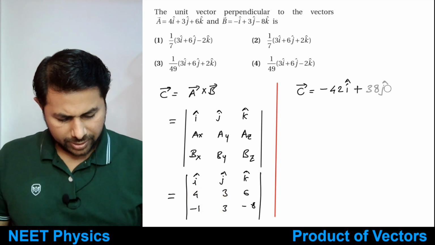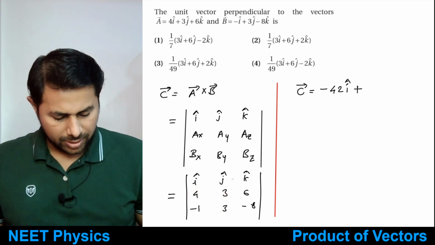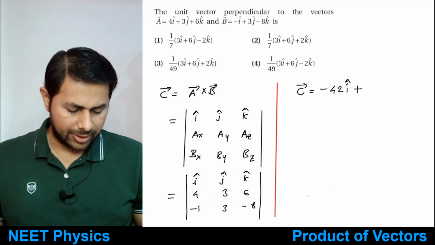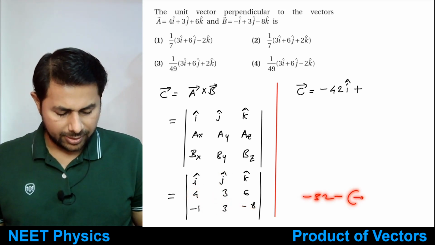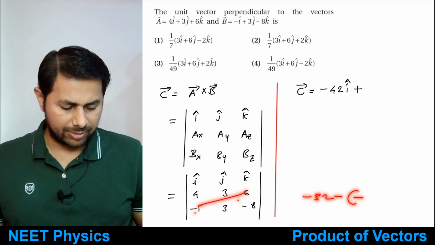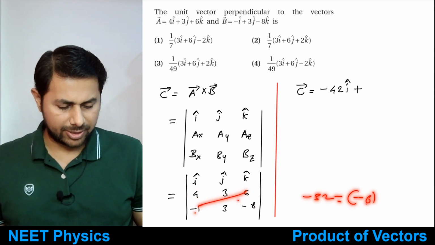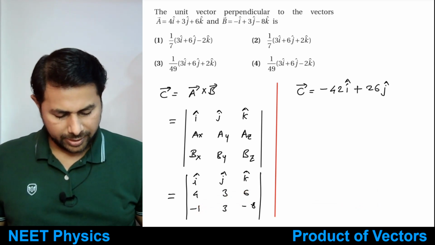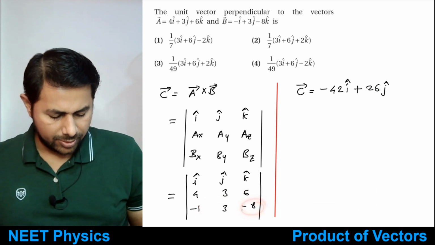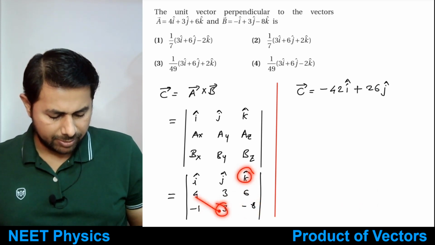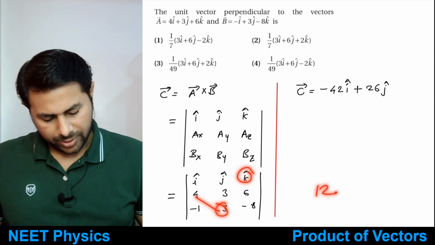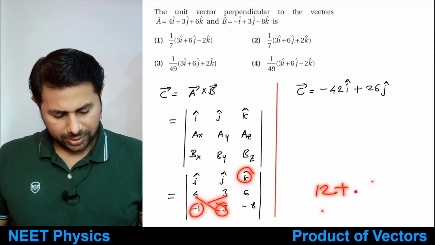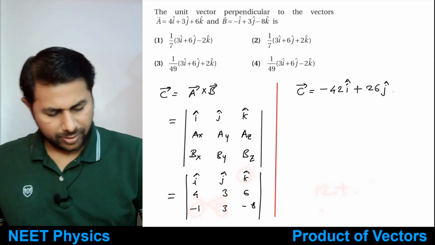Oh, this one is wrong, no? Minus J cap multiplied by 8 4s are 32 minus 6 times minus 1 times 6, so that is minus 6, minus minus plus, so that will be 26 J cap. And what about this one? So K cap multiplied by 3 times 4 is 12, minus 1 times 3, plus 3, 15. So 15 K cap.